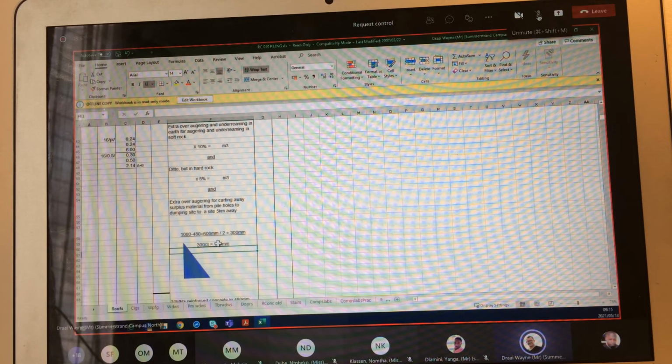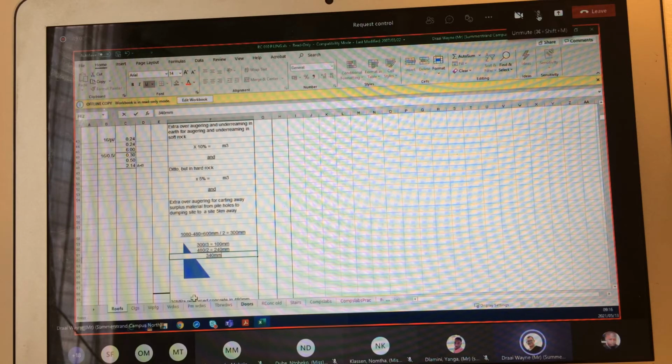Also I have my 480, which is my diameter. I need to arrive at the center. The radius gives me 240 millimeters. And if I add those two, 100 plus 240 gives me 340, my radius of 340 millimeters.